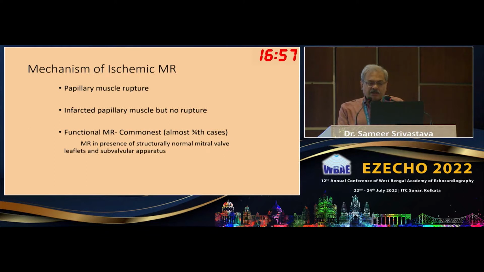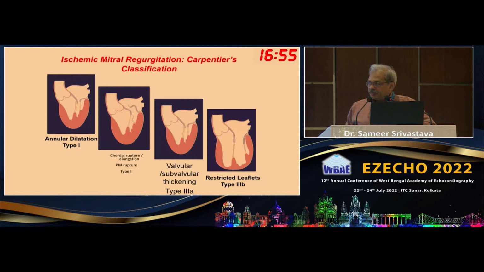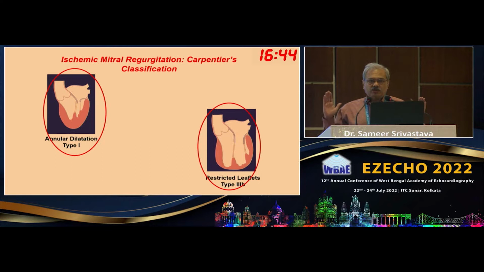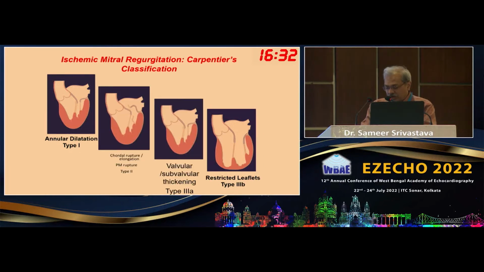Now, Carpentier has given some kind of classification, but I'm just going to restrict myself to the annular dilatation type 1 and restricted type 3B, and these are the two in which the world has been working so much, because these are the ones which contribute best, and it is assumed that people who have this can be corrected and people will live longer.